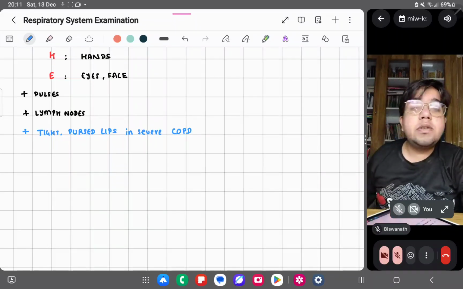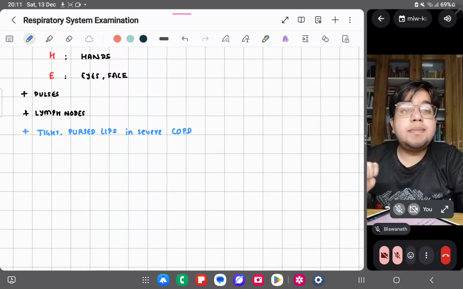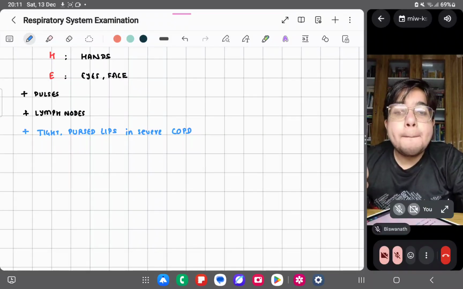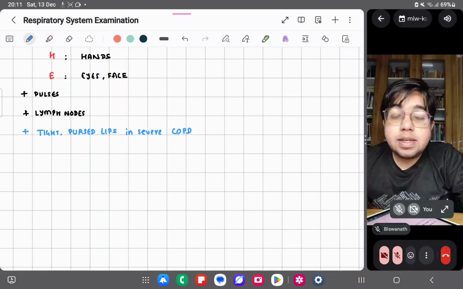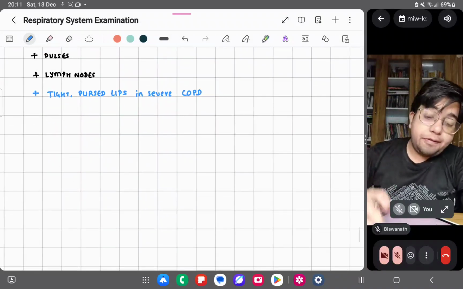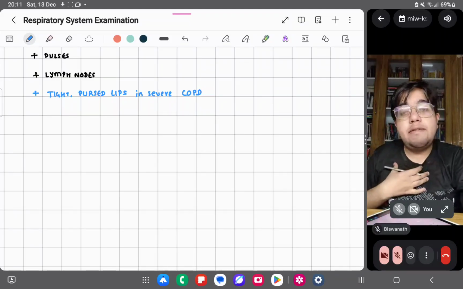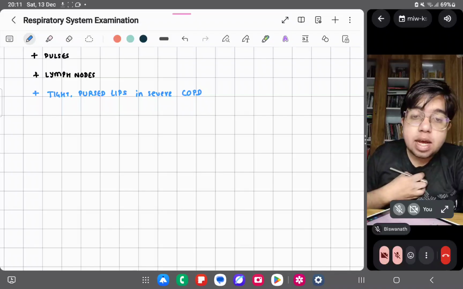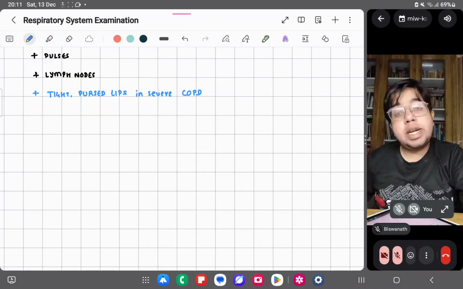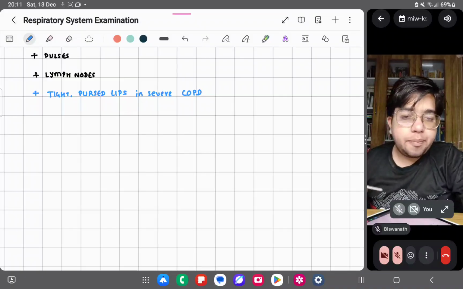Okay, pursed lip breathing, like this. In severe COPD, if you're seeing any collateral veins in the chest wall, then we'll suspect SVCO. We'll see that, don't worry.